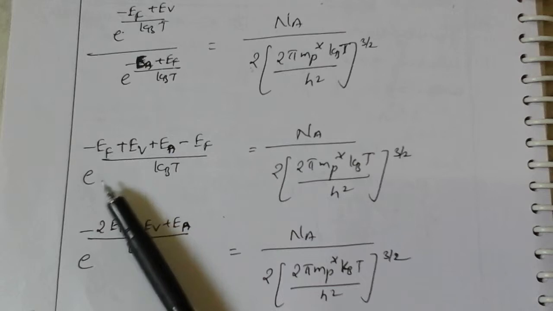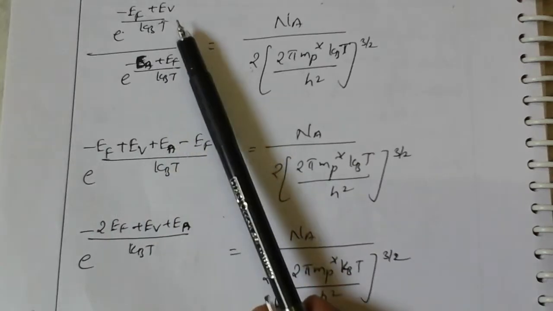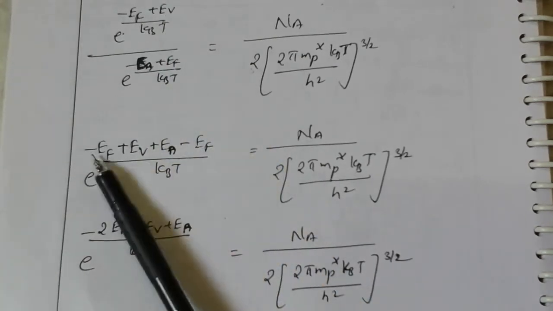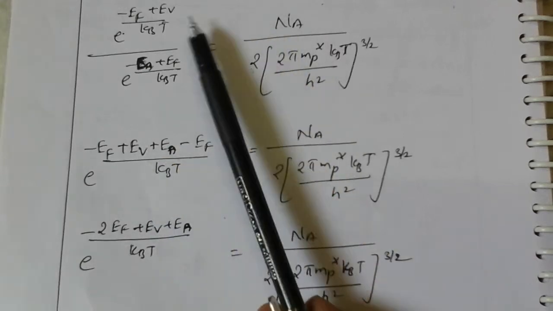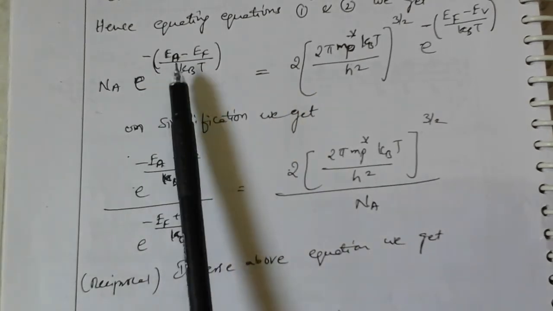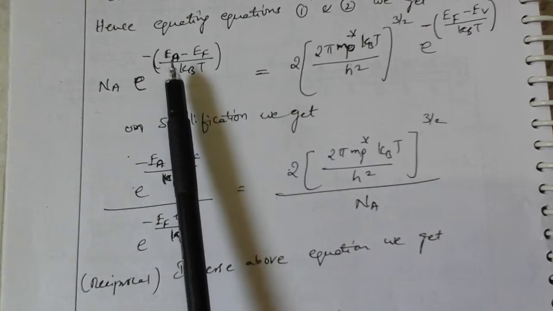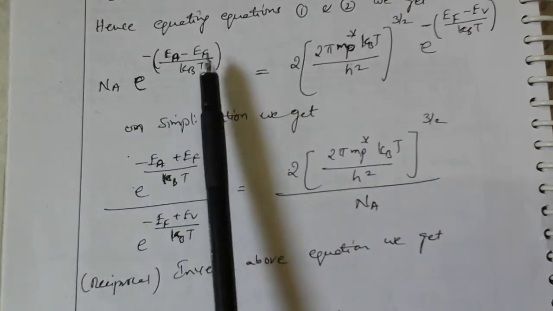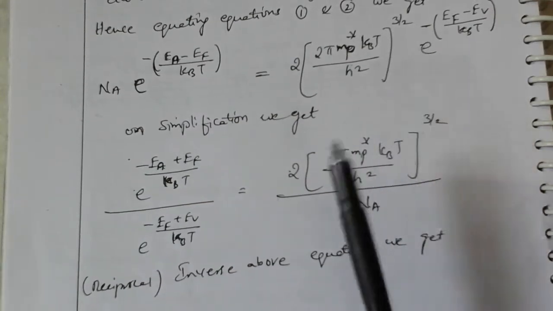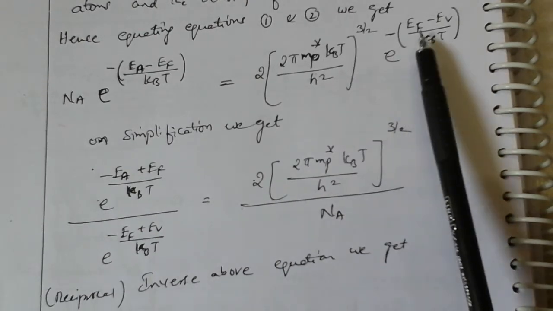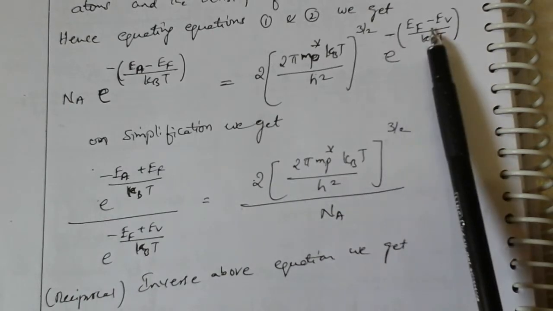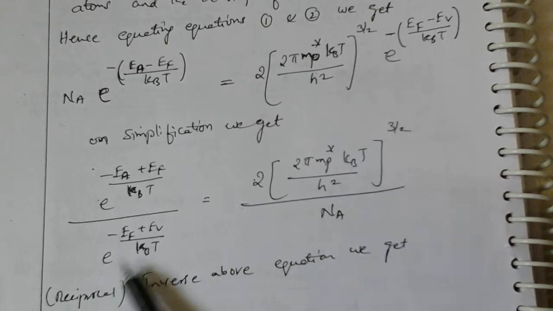So what we are doing here is e power of (Ef minus Ev) by kBT as it is, written as minus Ef plus Ev by kBT. You can see carefully, this minus is sent inside: minus Ea, minus into minus becomes plus Ef by kBT, that we have written here, don't get confused. And here also we send like this, minus into Ef, minus into plus, minus into minus plus, that is plus Ev, that is written here.